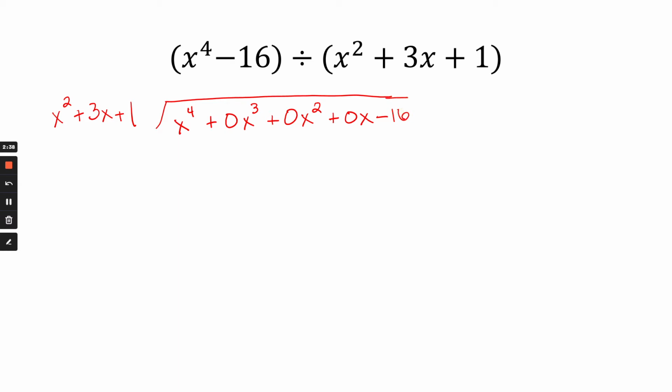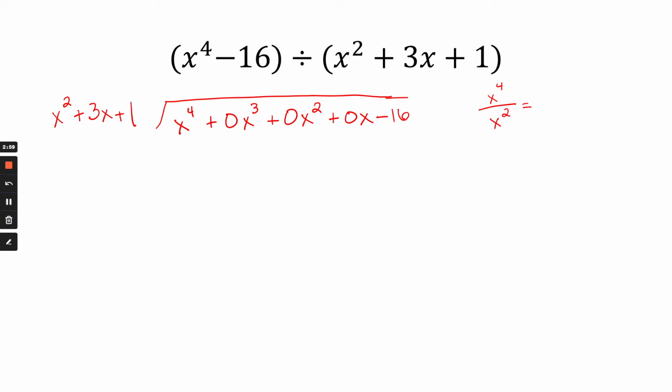Now the easy thing with this is if you can stay organized, these problems become really easy. All we're going to do is take the first thing on the inside, x to the 4th, and divide it by the first thing on the outside. One way I like to think of this is that we're almost estimating.